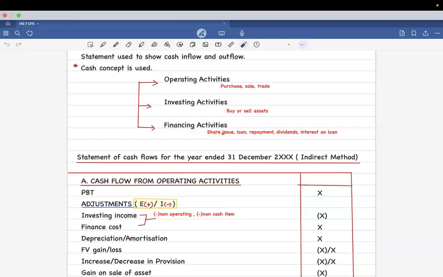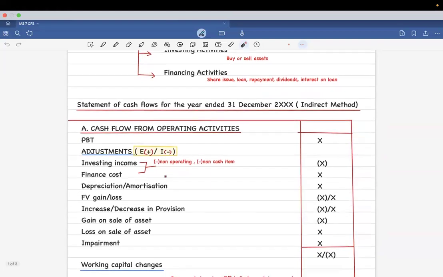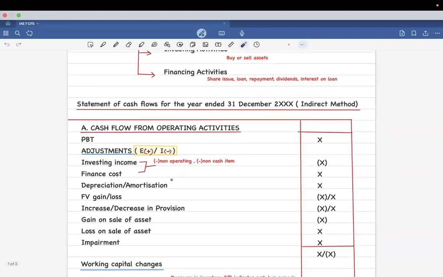So first thing that we do is we are going to reverse everything that either doesn't belong to the cash flow statement or doesn't belong to the operating activities. So what we basically do is we're going to deduct non-operating income and non-cash income.